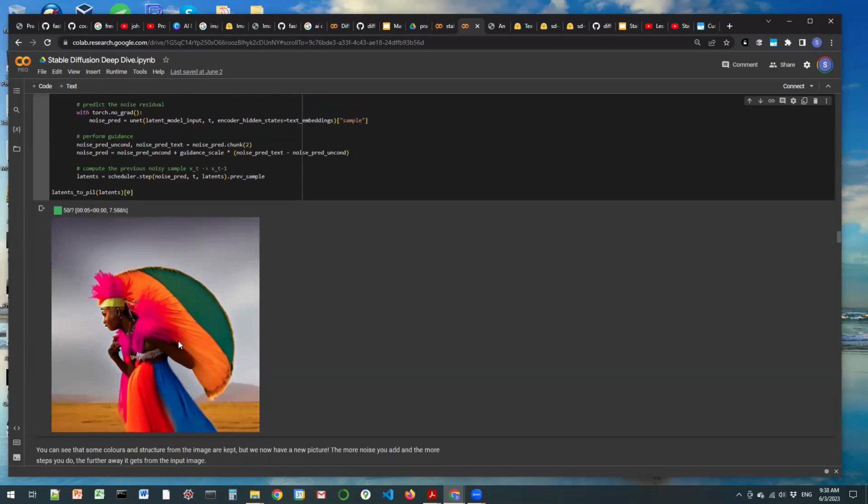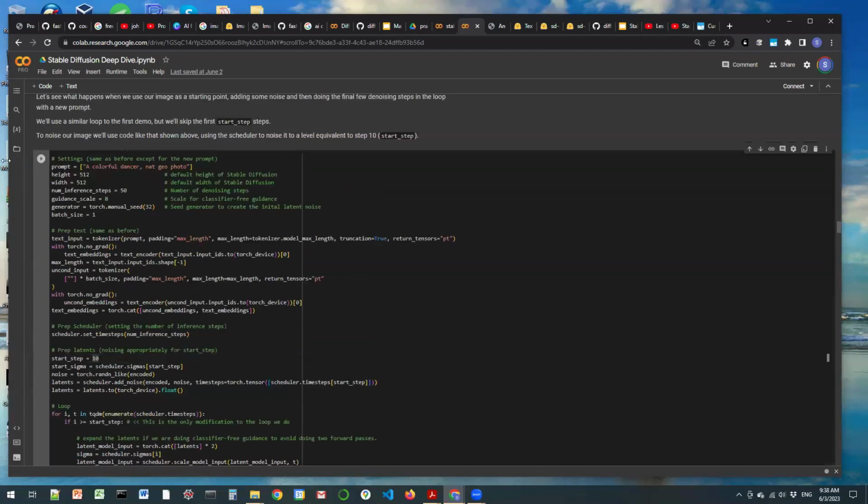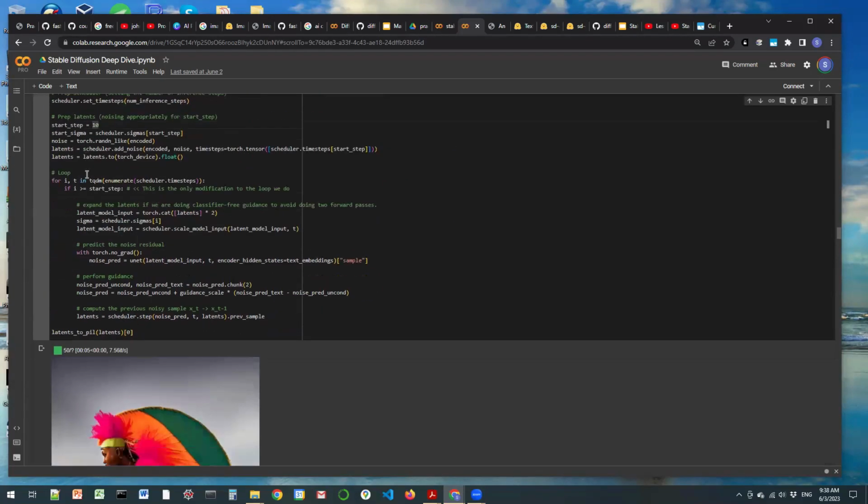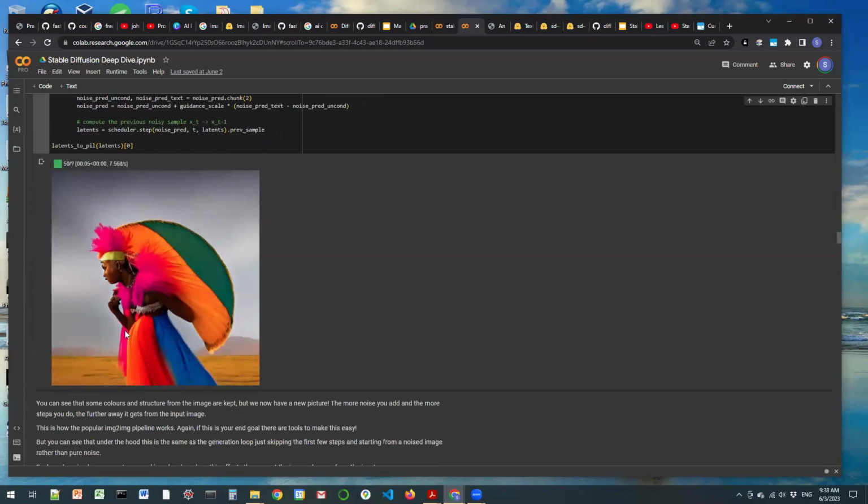What has resulted here is the colors, if you will, have been taken from the image of the parrot and then applied to the prompt that we started off with. So you can see some of the colors.